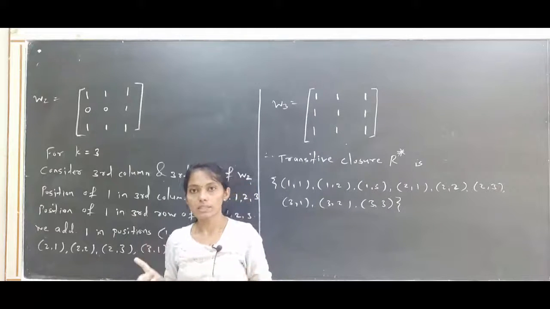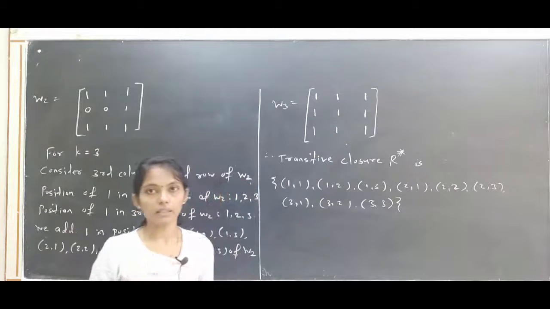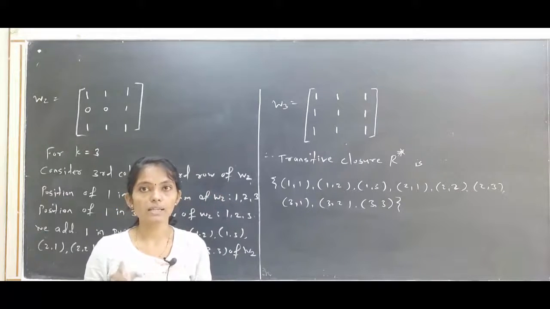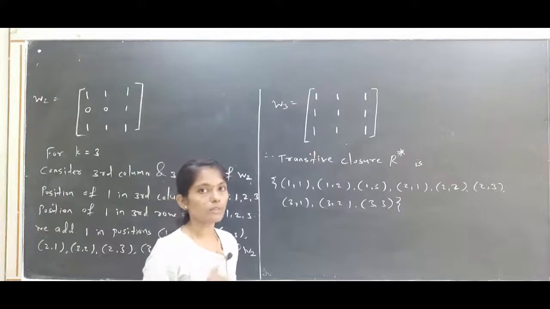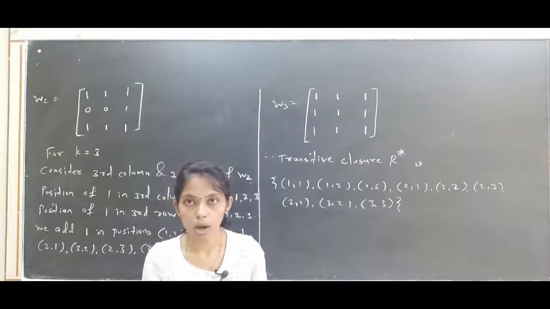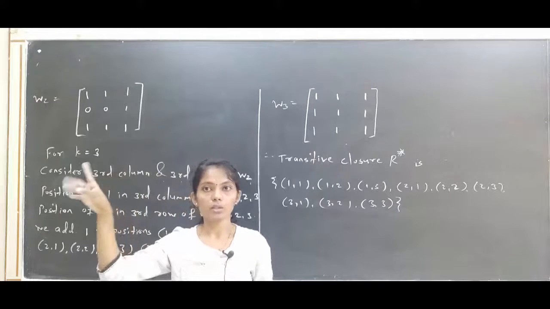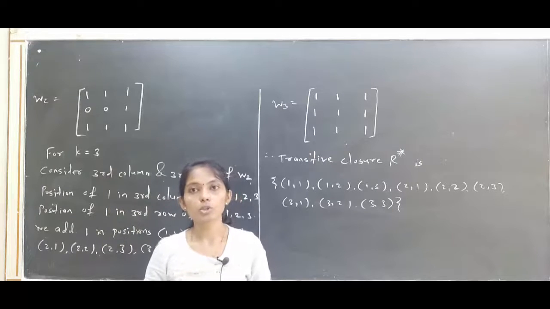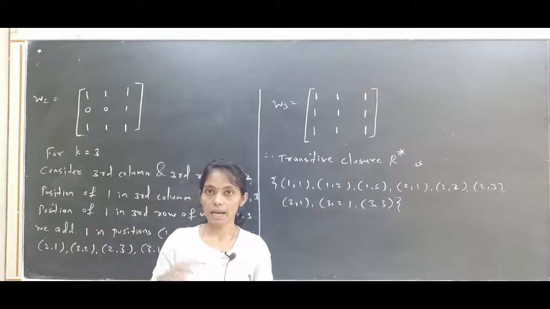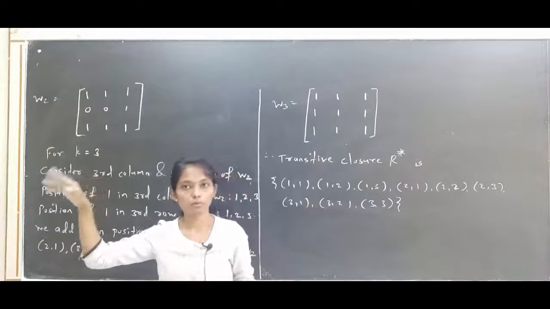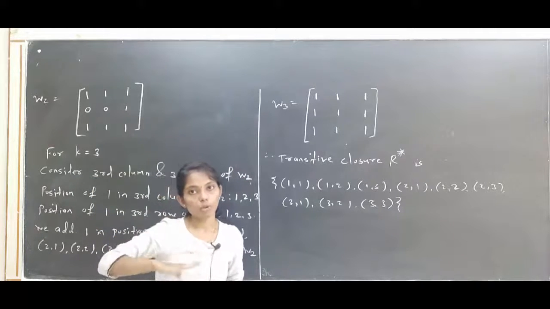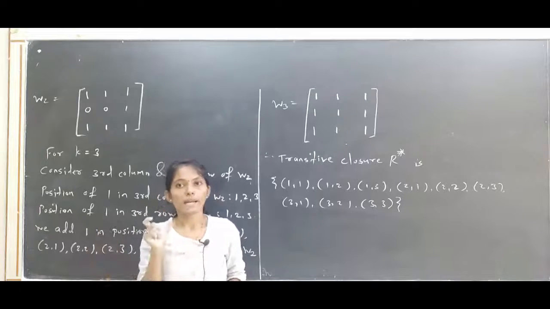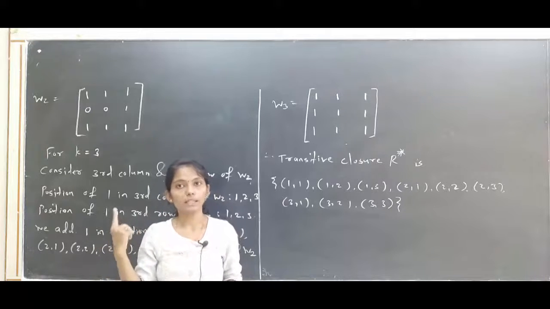See here once again, first of all find the matrix of relation R, set it as W0. Then for k equals 1, first we consider the first column and then the first row. Consider the position of 1 in the first column and after that the position of 1 in the first row. Take the Cartesian product from column to row and add these positions in W0.